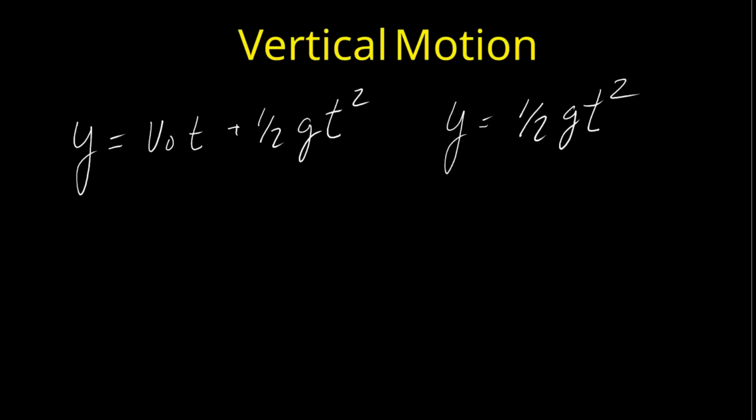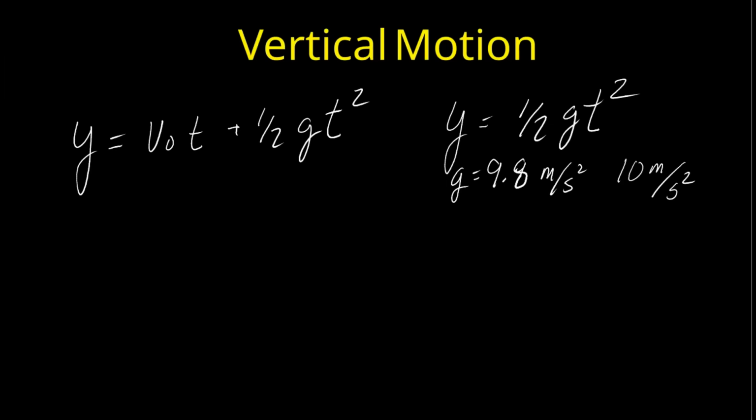For calculations, we'll be using 9.8 meters per second squared for g. Some professors will also allow you to use 10 meters per second squared, so the calculations will be much easier.